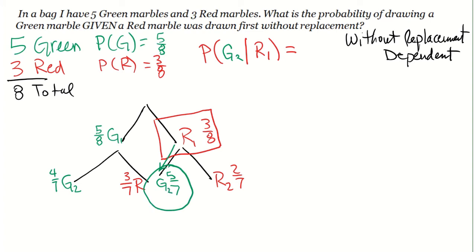And that's my probability. So the probability of drawing a green if I draw a red first is going to be 5 out of 7.